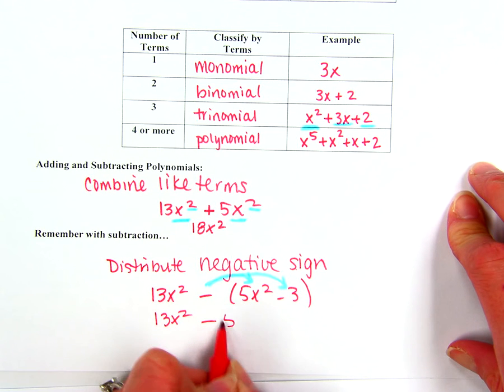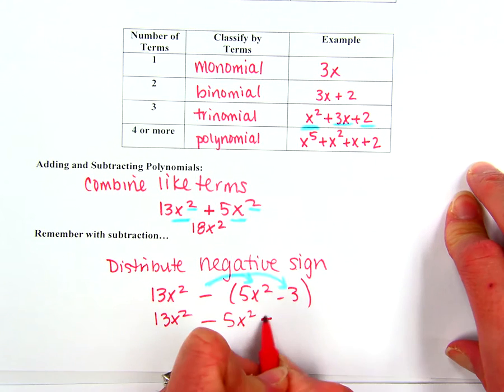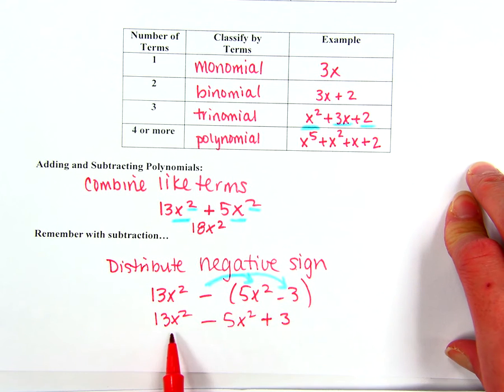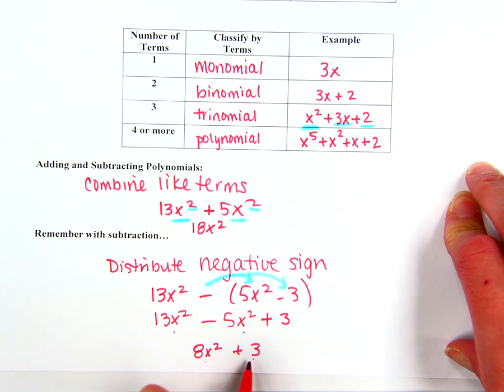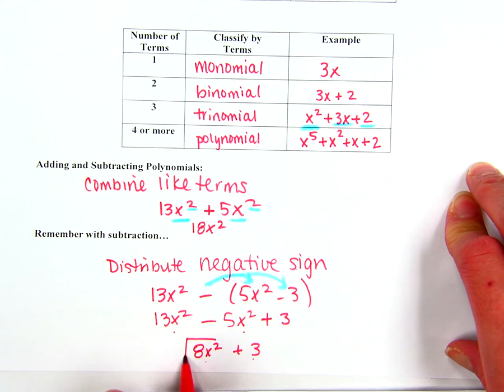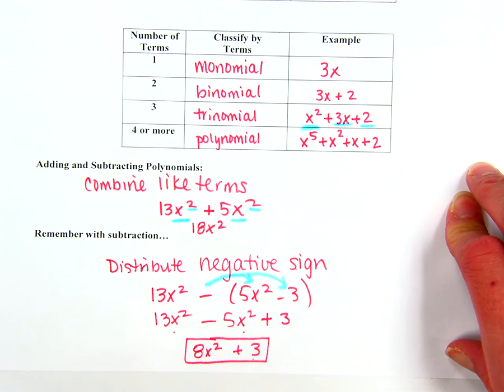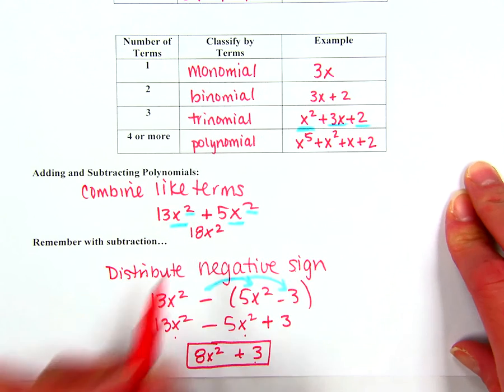So you'd have negative 5x squared, a negative times a negative is positive 3, and then you look for like terms. So 13 minus 5 is 8x squared plus 3. Now these are not like terms because you have an x squared and you have a constant, therefore you can't add them together. Okay.